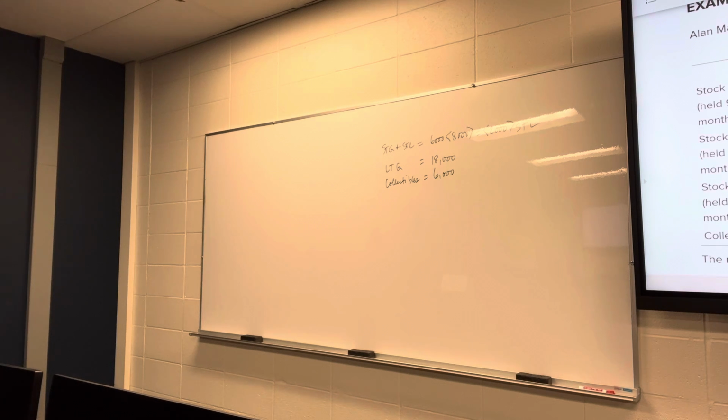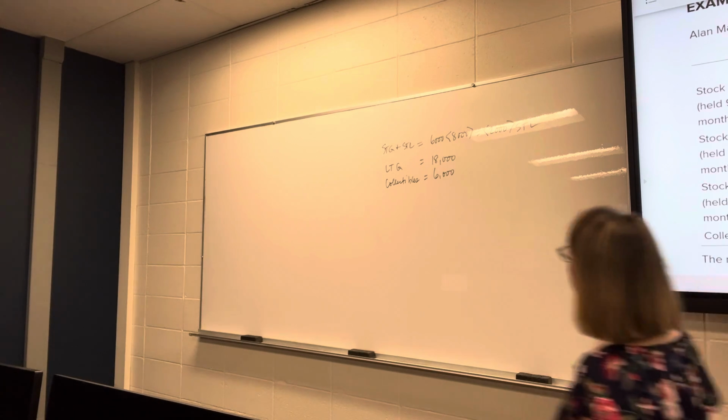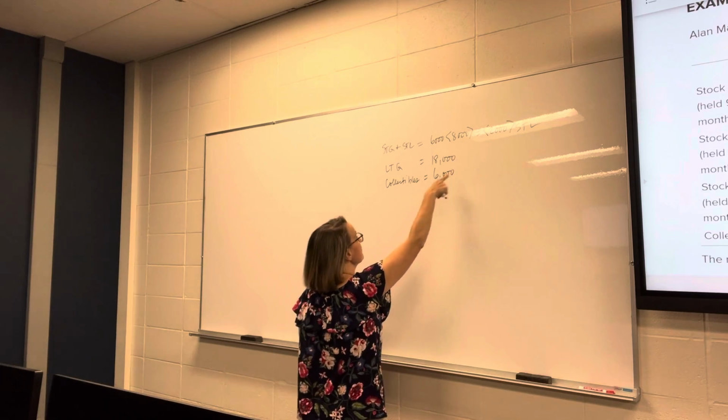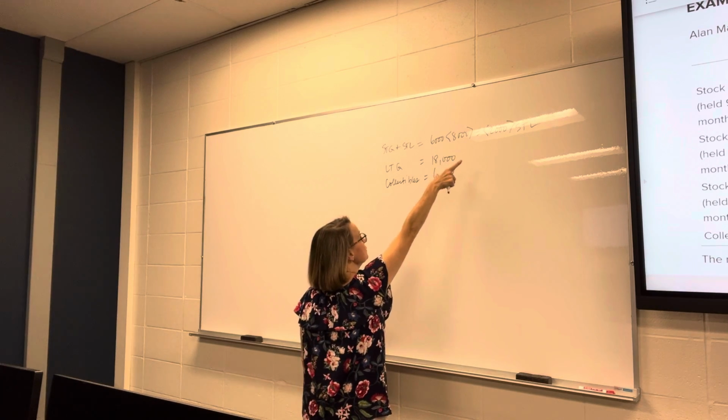So we're going to separate the capital gains into our separate tax rates. So we have this collectibles gain. We're going to offset our short-term capital loss. We're going to offset our collectibles with that.